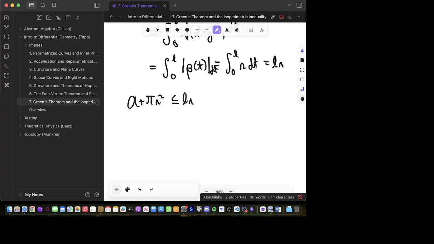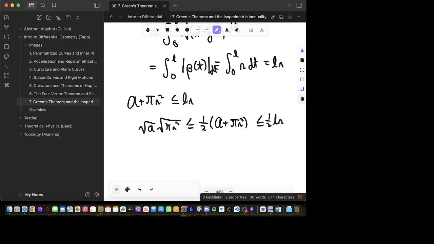So furthermore, the geometric mean, which is basically going to be the square root of A times the square root of pi r squared, is going to be less than or equal to the arithmetic mean, since the geometric mean is always less than or equal to the arithmetic mean. So the arithmetic mean would be 1/2 A plus pi r squared, which is less than or equal to 1/2 LR.